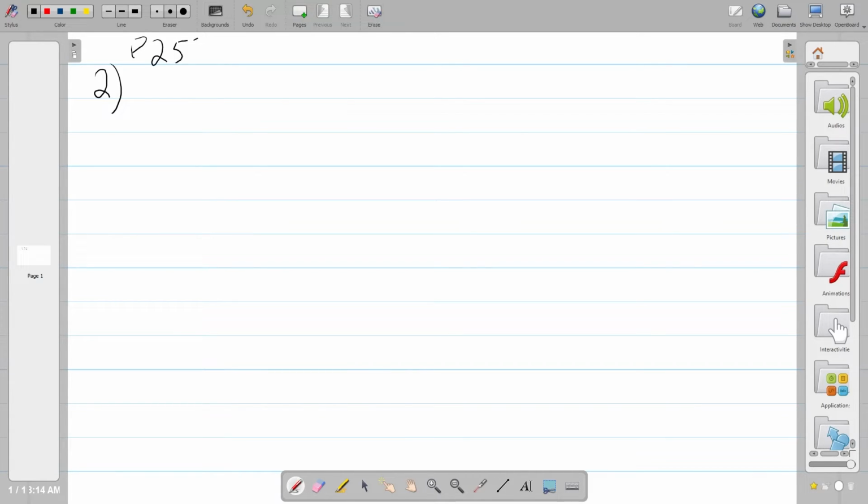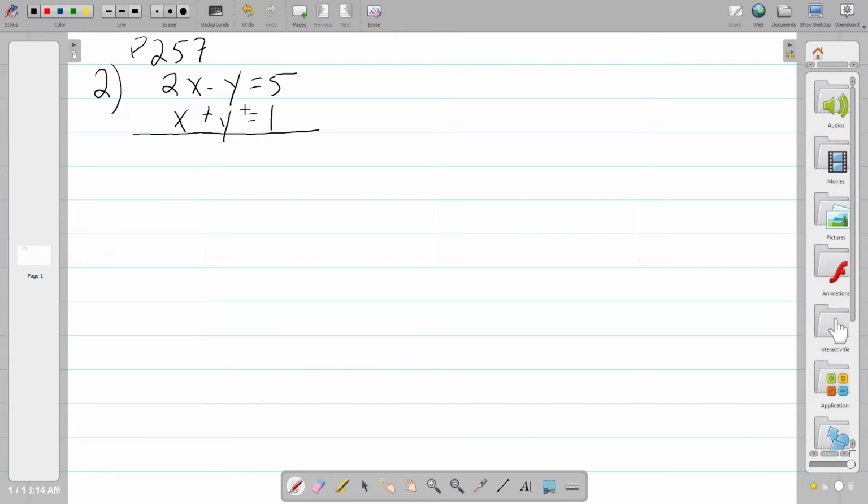Page 257, number 2. We have 2x minus y equals 5. And we have x plus y equals 1. Okay? Notice we have opposites.